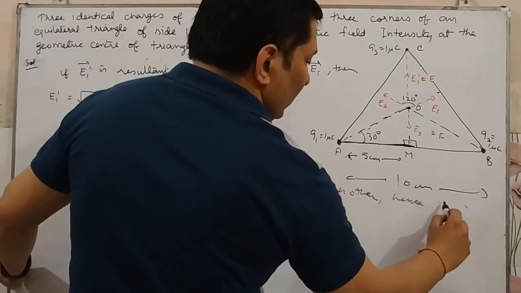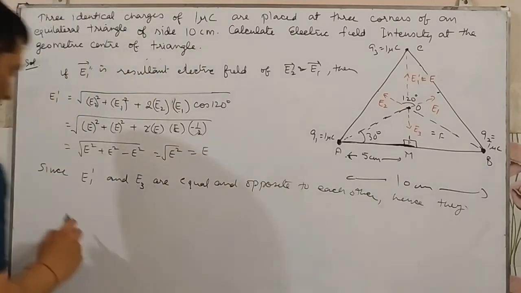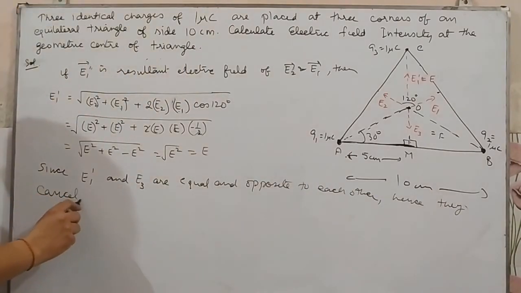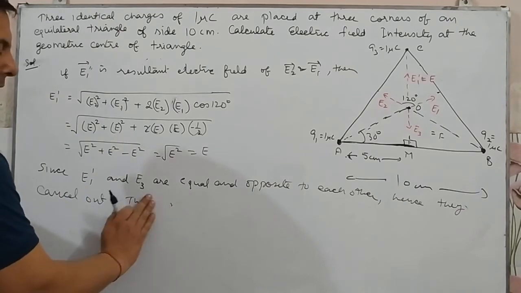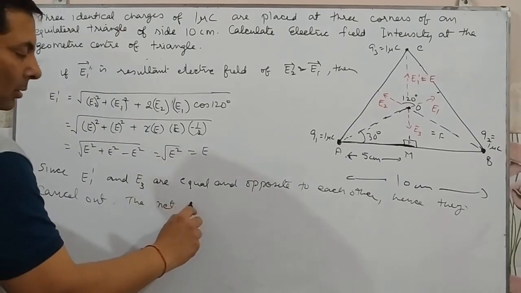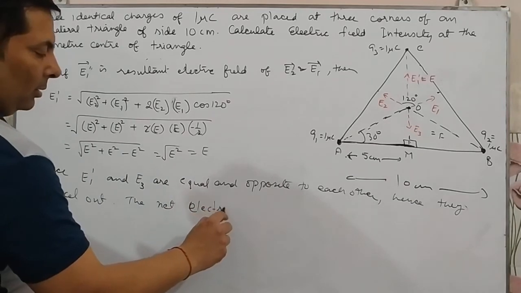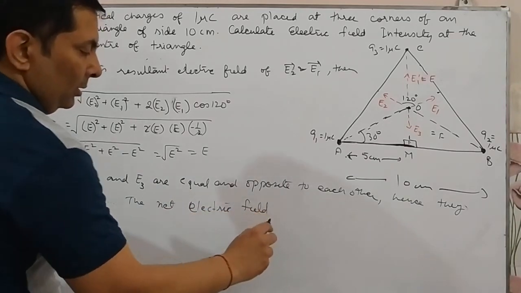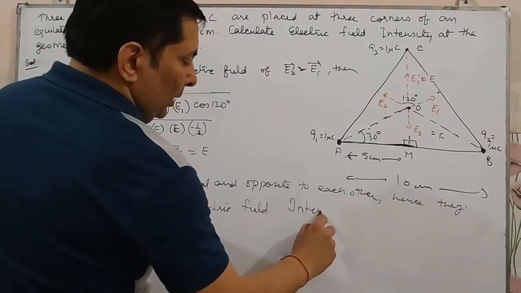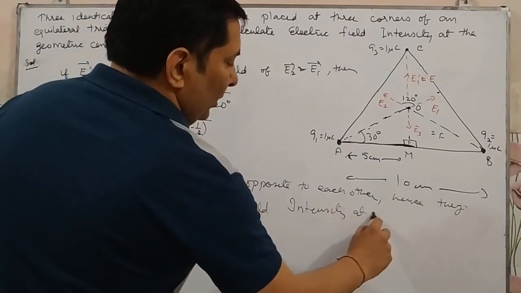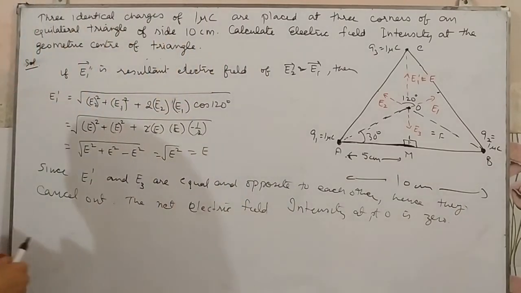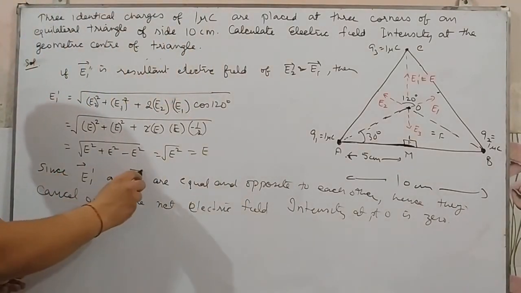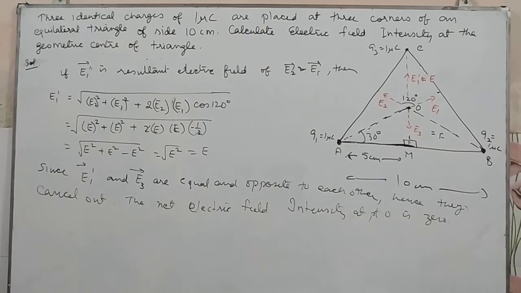Hence they cancel out. The resultant or net electric field intensity at point O is 0. Okay, we can put vectors here, no problem with that. Okay, this was the end of the numerical.